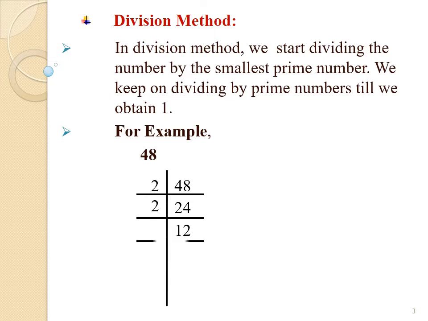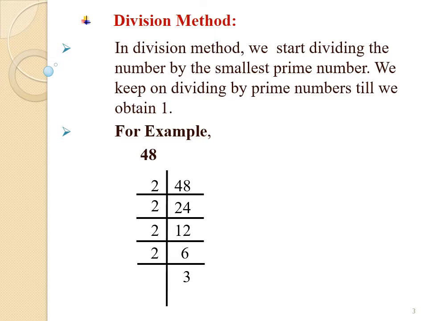Thus, dividing 12 by 2, we get quotient 6, which we have to write below the dividend 12. Now we have to divide quotient 6, which is again divisible by 2. Thus, dividing 6 by 2, we get quotient 3, which we have to write below the dividend 6.